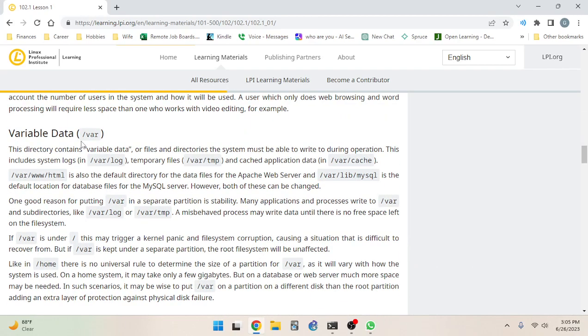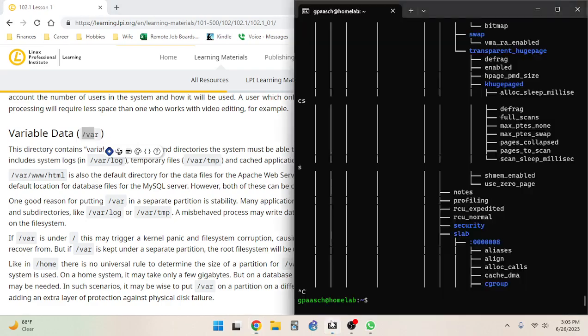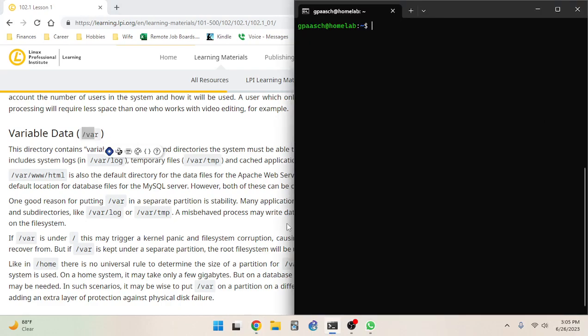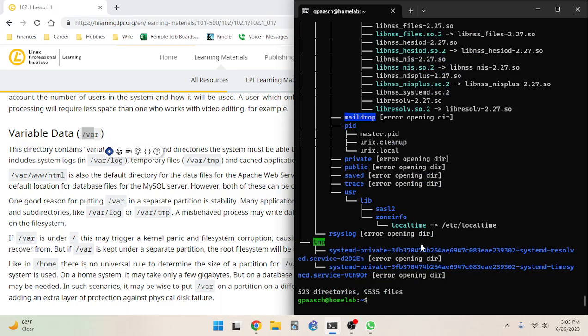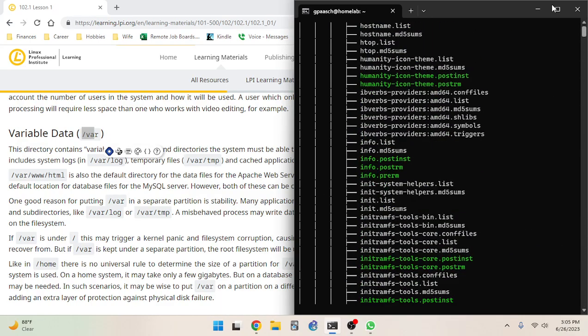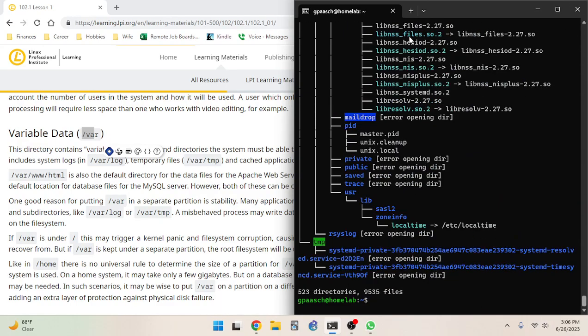Variable data, /var, let's take a look at that. So ll, or tree, /var, all kinds of files in there as well, not nearly as many as in /home. We can do a wc and see exactly what the results were.